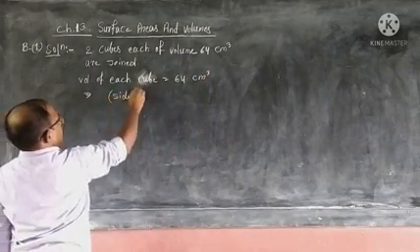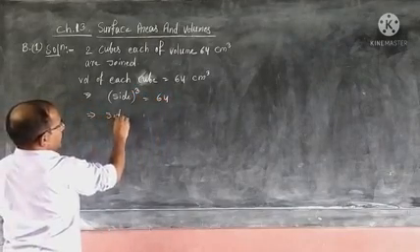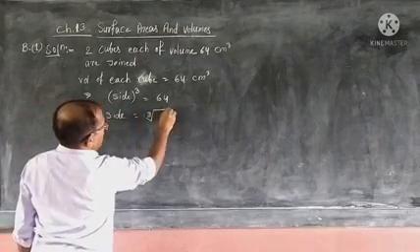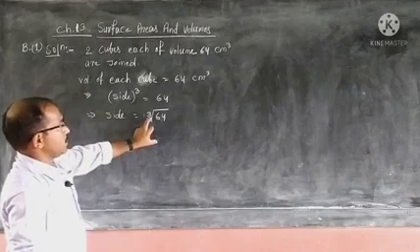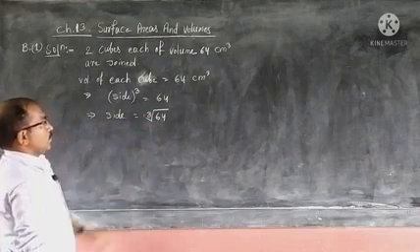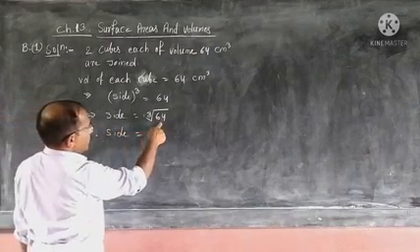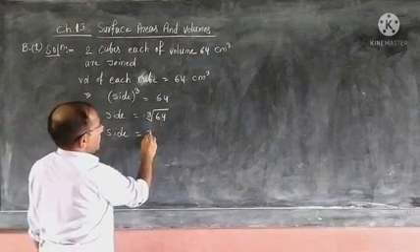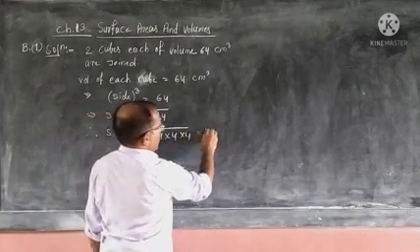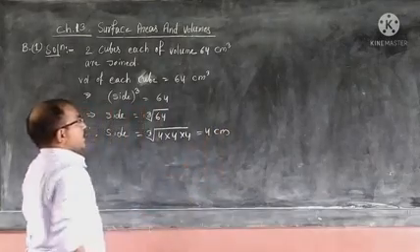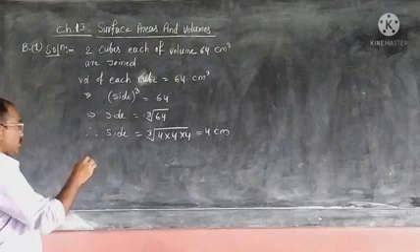So side will be the cube root of 64. 64 is a perfect cube, 4 into 4 into 4, so we get 4 centimeter. This is the side of each cube.